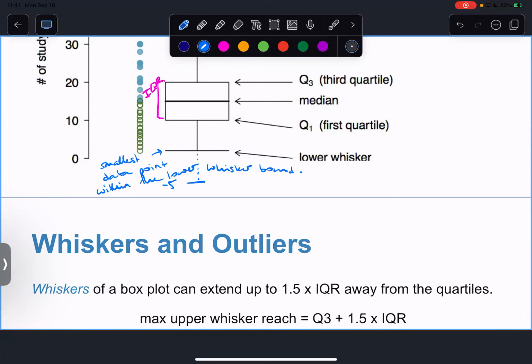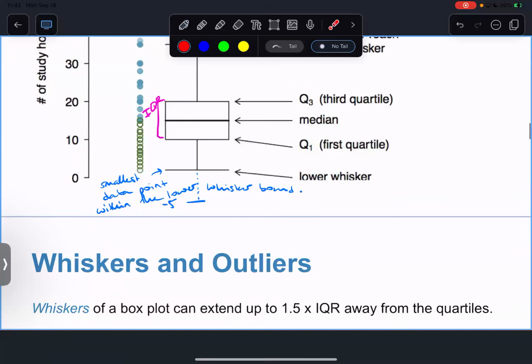If you don't have any outliers, no values beyond -5, which we don't here, we can see visually, then you don't have any outliers or any suspected outliers. Then this line would just be at the minimum.